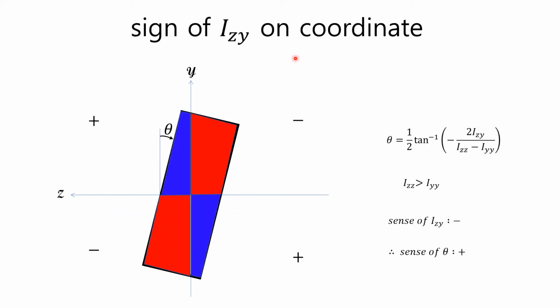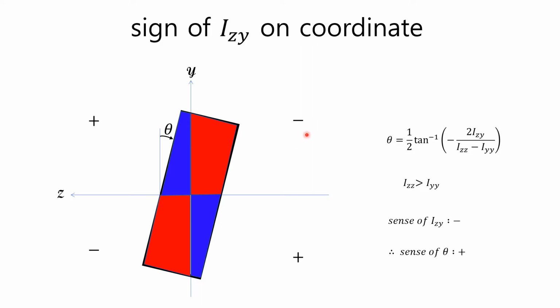Let's find out which direction the angle theta to the principal axis is by intuitively evaluating the sign of the product moment of area Izy. In this picture, it can be seen that the sign of the product moment of area Izy is negative because the area is mainly distributed in the second and the fourth quadrant.